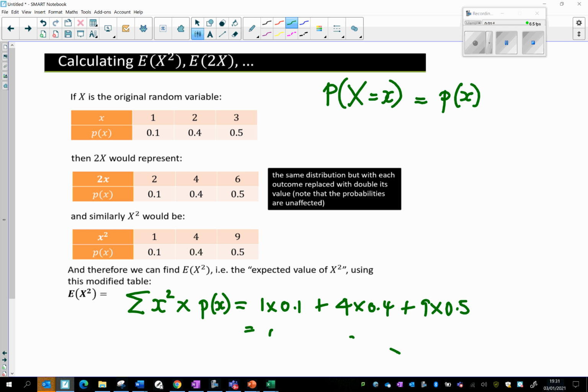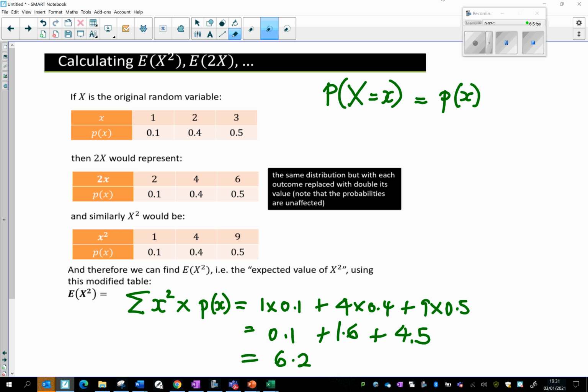That's going to give us 0.1 plus 1.6 plus 4.5, which is 6.2. Now, that by itself doesn't mean anything, but it is very important when you're calculating the variance. We'll come back to that later.